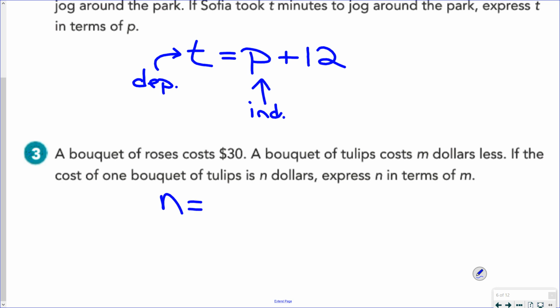And if the roses are $30 and the tulips are M dollars less, we need to take however much less they are off of the $30. So N equals 30 minus M. And in this equation, M is our independent variable, N is our dependent variable.